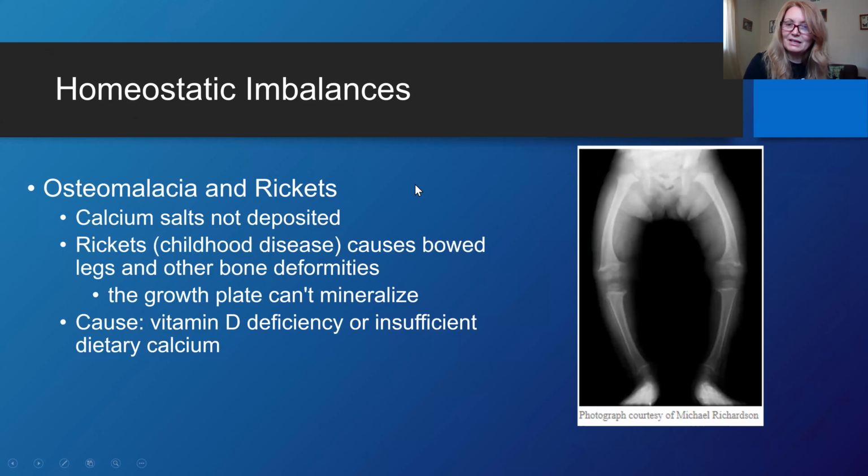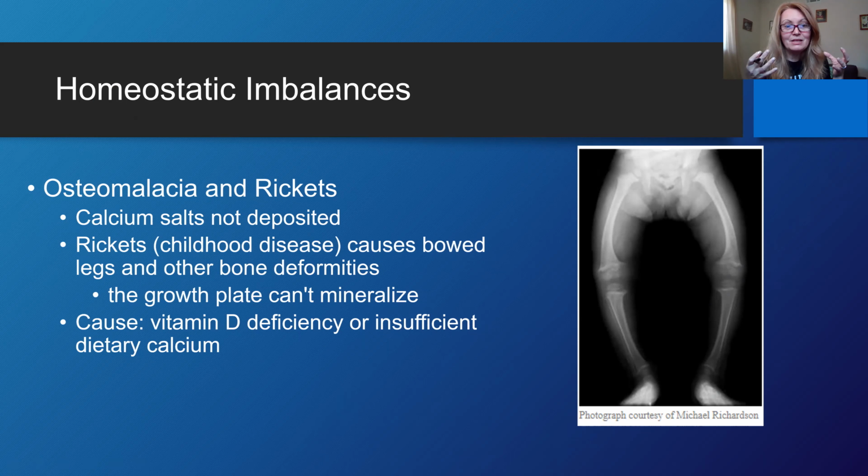Now, homeostatic imbalances. So we will look at some diseases related to the skeletal system, and the first two are osteomalacia and rickets. This is when calcium salts are not deposited, and if calcium is not deposited, the bone can't mineralize, so the growth plate can't mineralize, and the bones lose their strength.